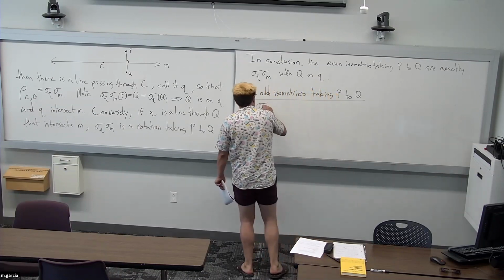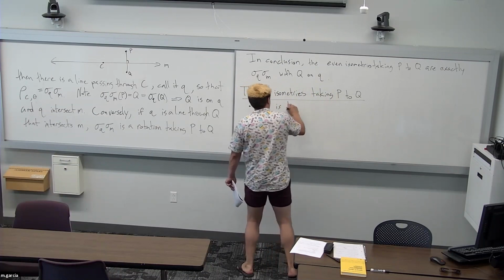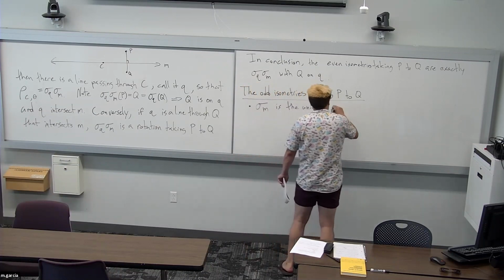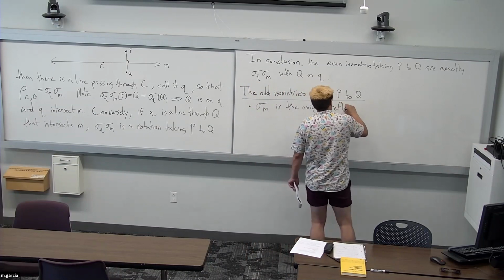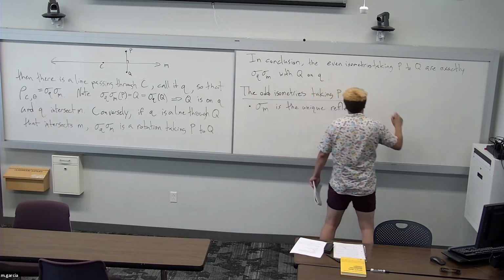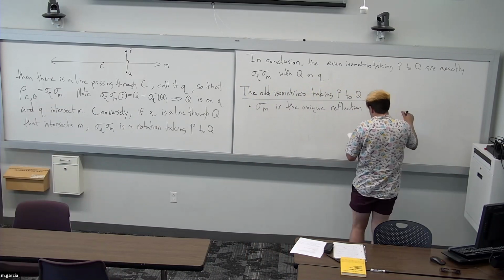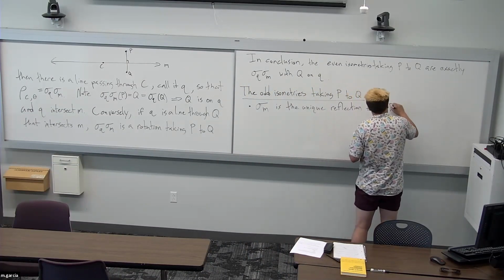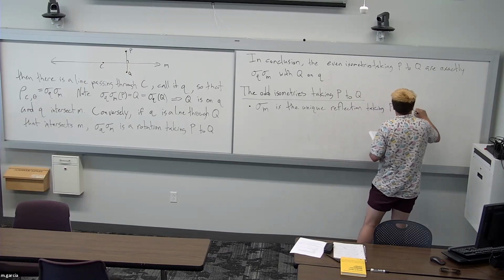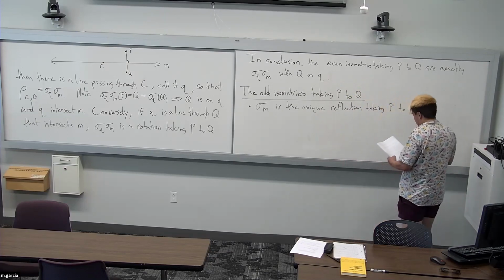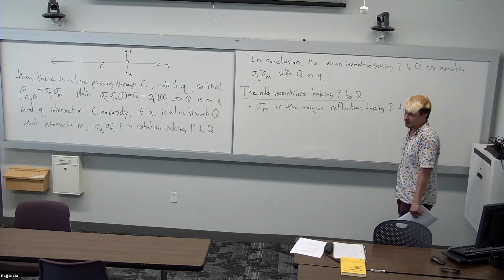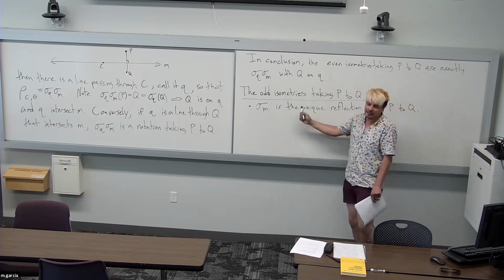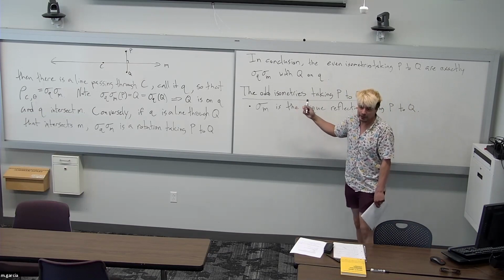So sigma M is the unique reflection taking P to Q. So that takes care of the case of odd isometries that are exactly one reflection. There's only one that takes P to Q.